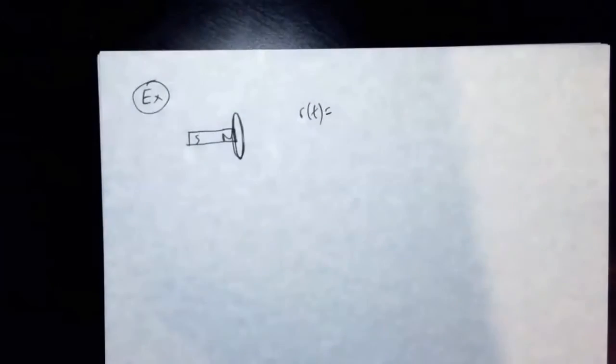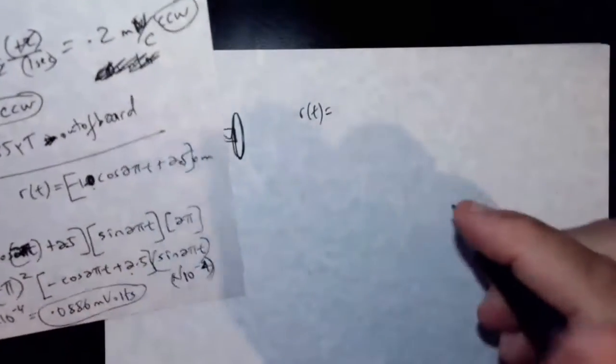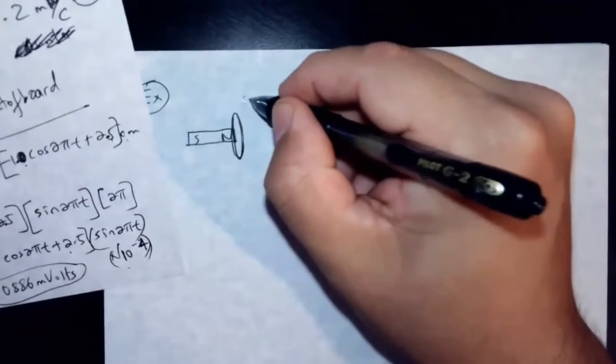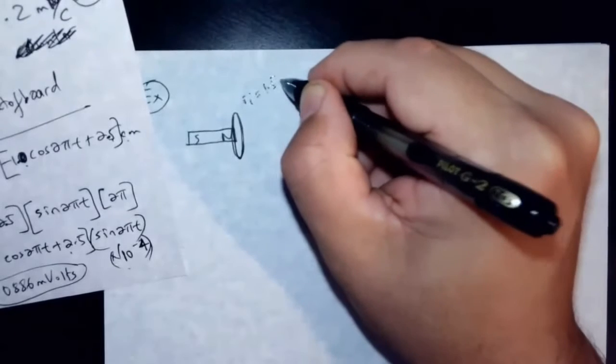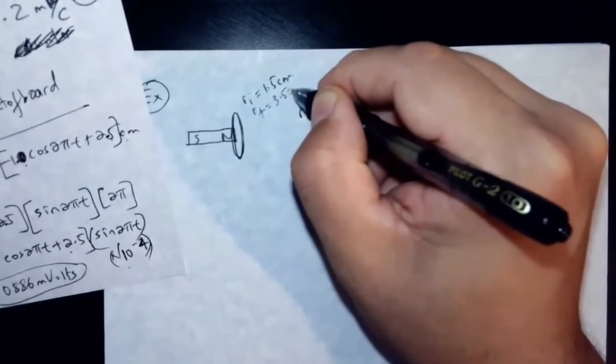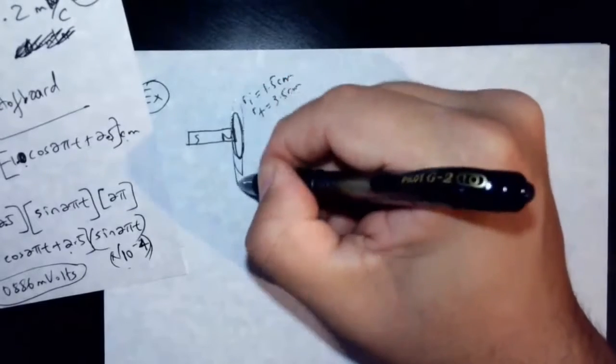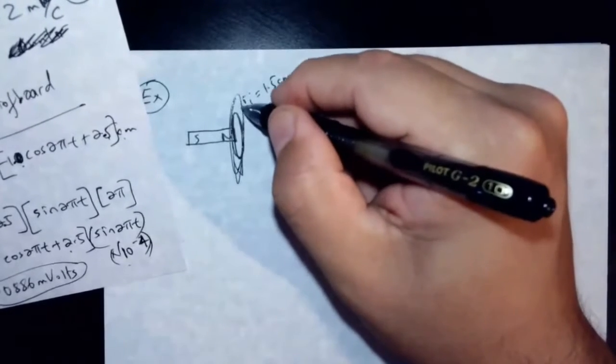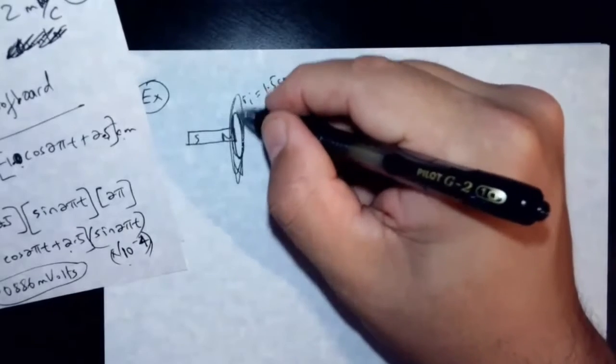So I'm just going to use the same function. The initial radius was 1.5 centimeters. The final radius was 3.5 centimeters. And the coil was growing in size, but then it was also shrinking, then growing, and then shrinking.